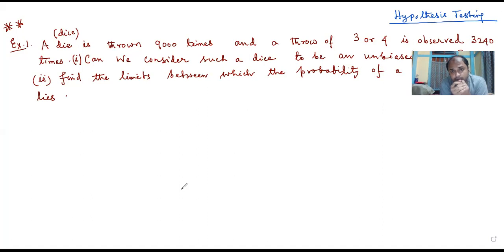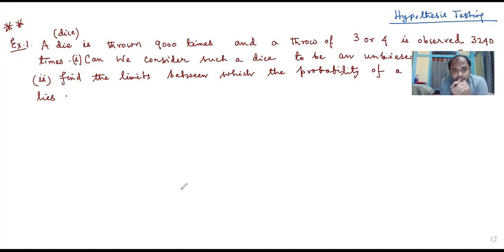First of all, hypothesis testing is all about giving some sort of conclusion about the population on the basis of sample measurements. So the question is, what is the population over here, and what is the sample? And if there is a sample, what is the size of the sample?